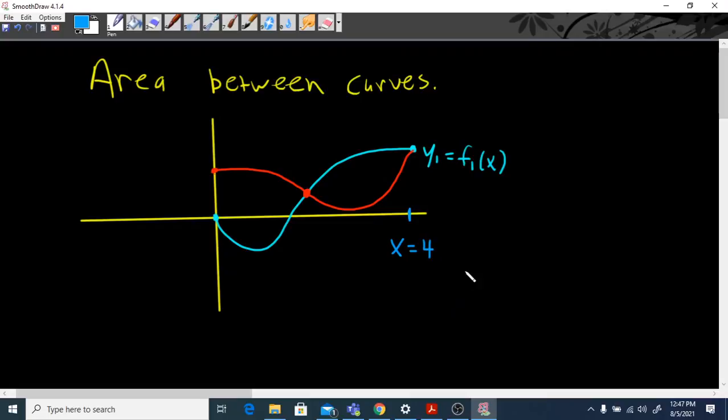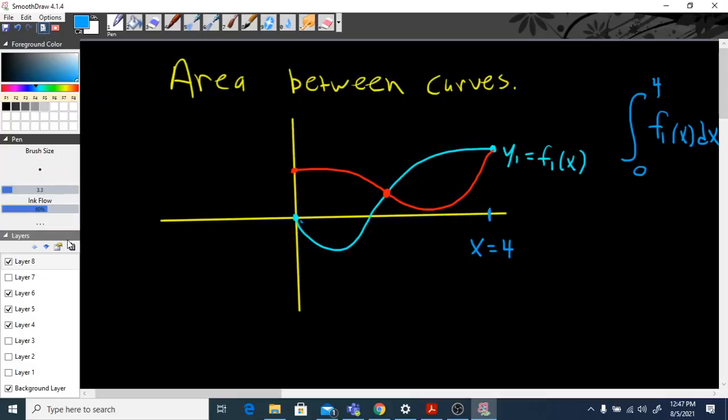So if I integrate from 0 to 4, f1, then that's literally going to give me the area, or the accumulation from 0 to 4 of the blue curve. In other words, it's going to give me this area right here.